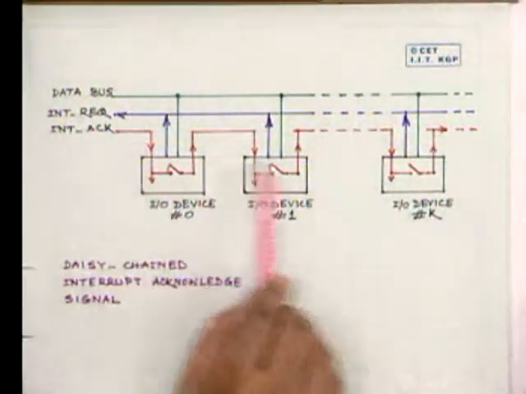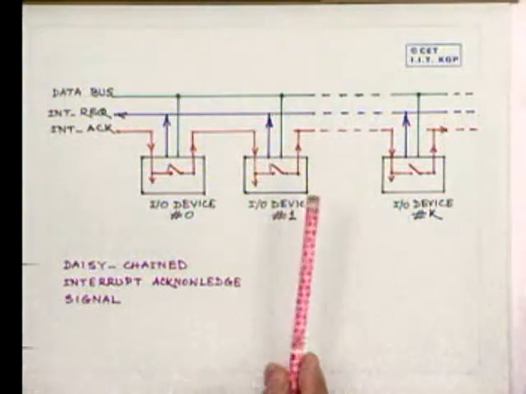This is called daisy chaining, and here you can see that the device which is closer to the CPU in the daisy chain has higher priority than any device which comes after it.